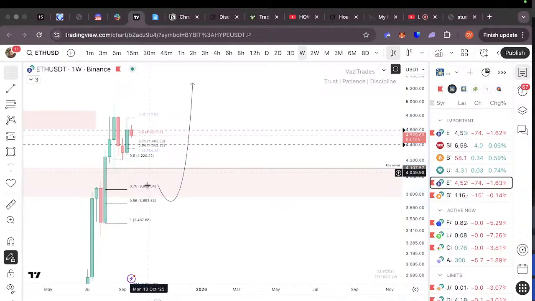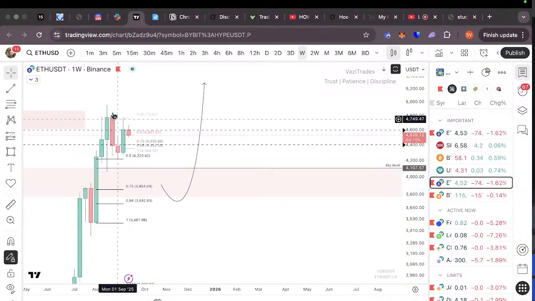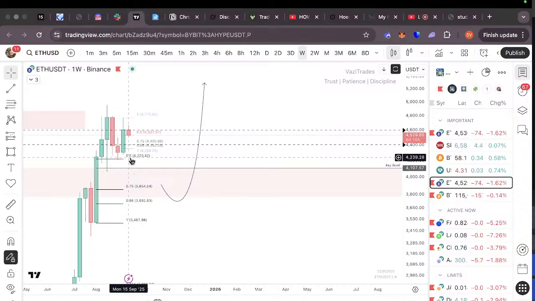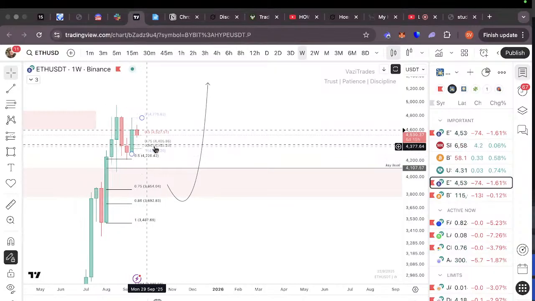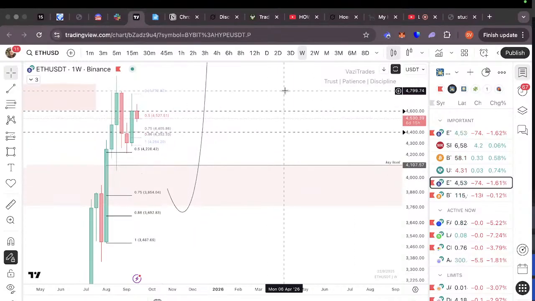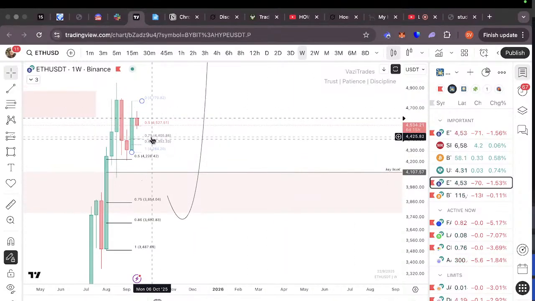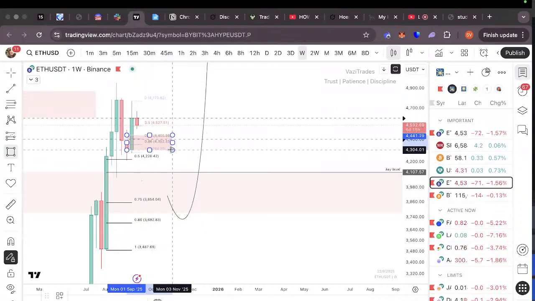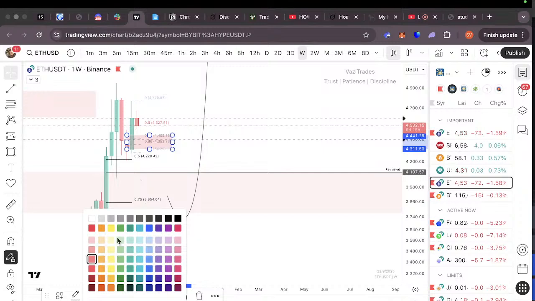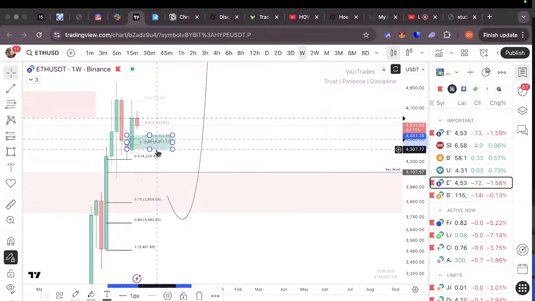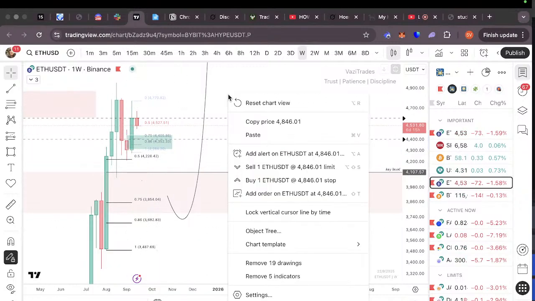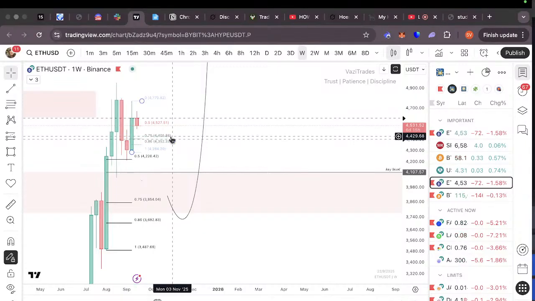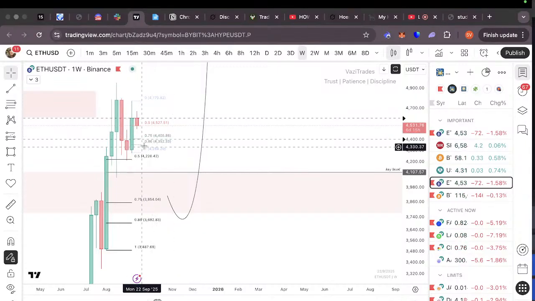Okay, that's why I have these levels. So when price corrected, it found great support on this 0.5 Fibonacci. On weekly we can see that this 0.75, 0.86 also aligns with this weekly candle's bullish order block.